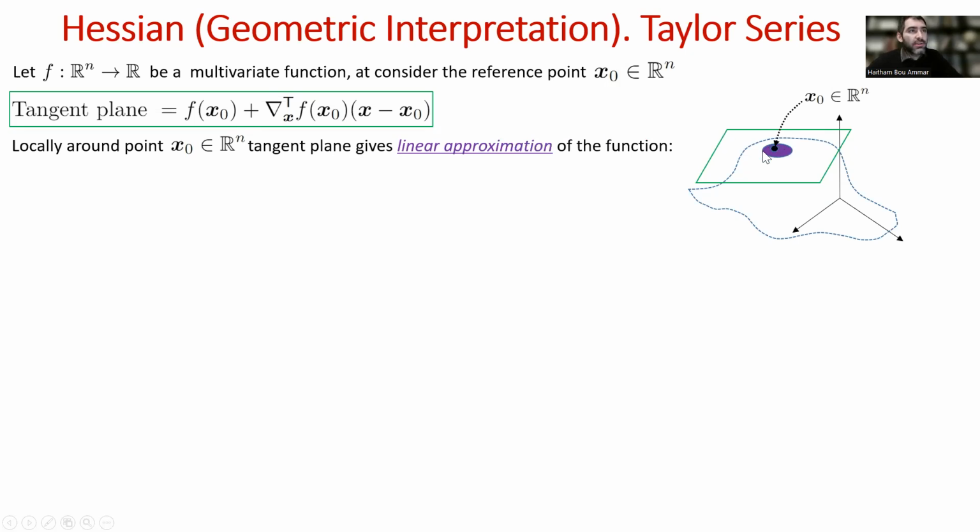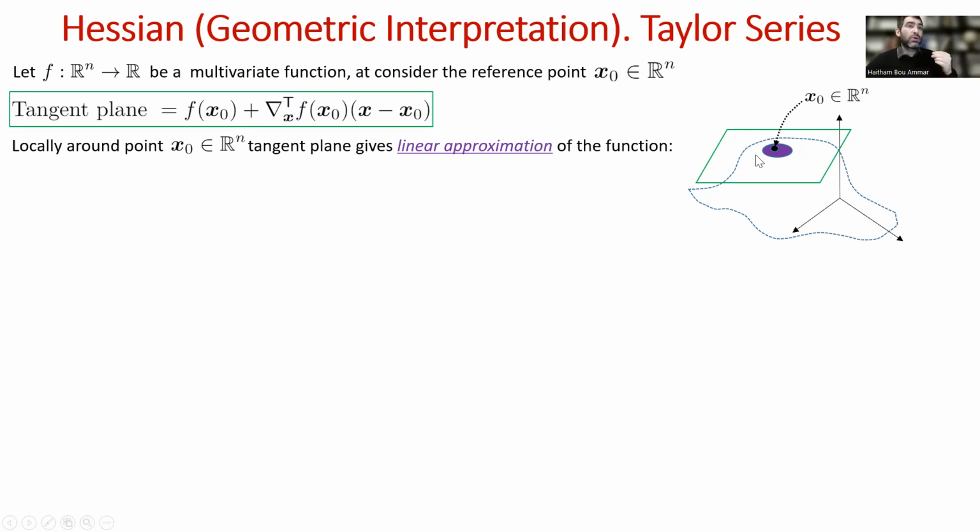So in that shaded purple area, the values of the function will be very close to these points on that surface, on the tangent plane. That's why we said that it's a linear approximation or first order approximation of the function locally.